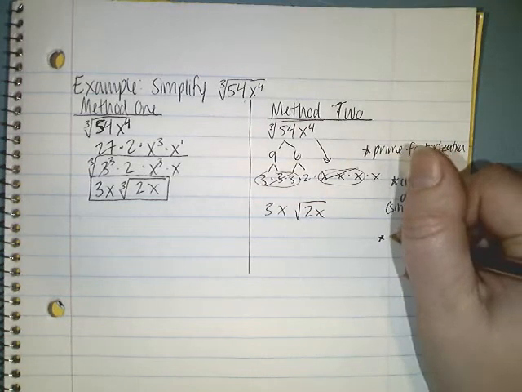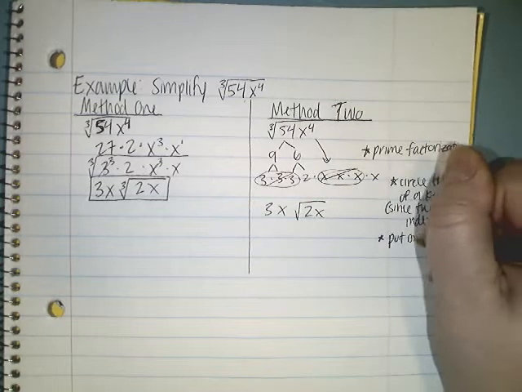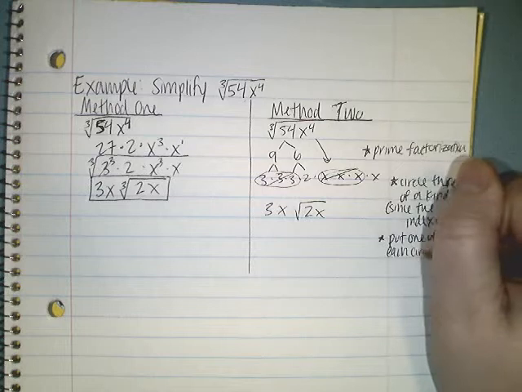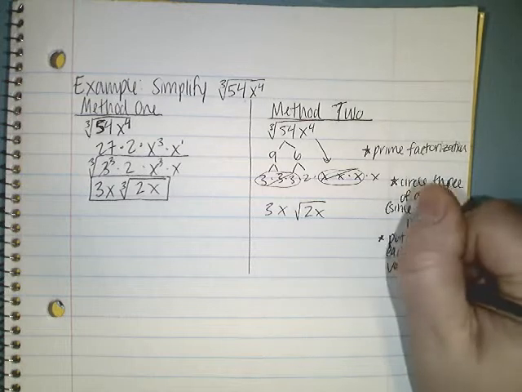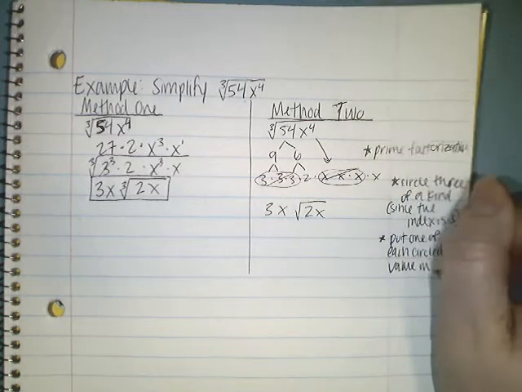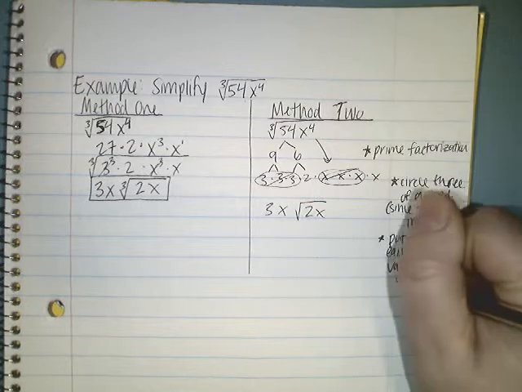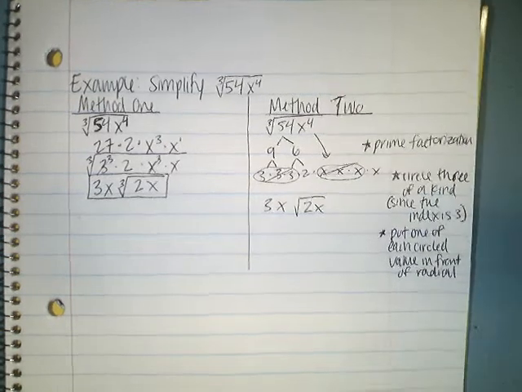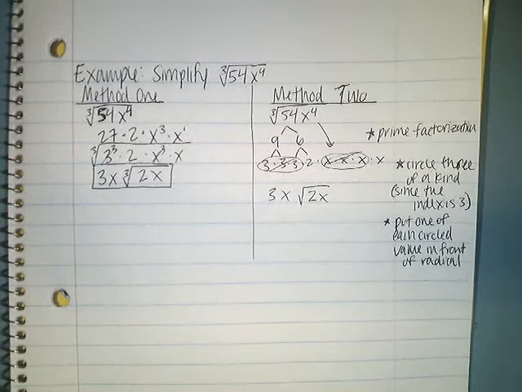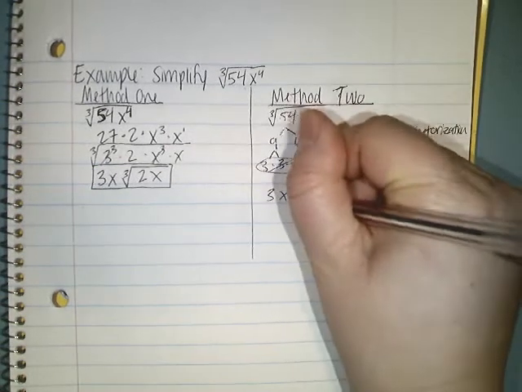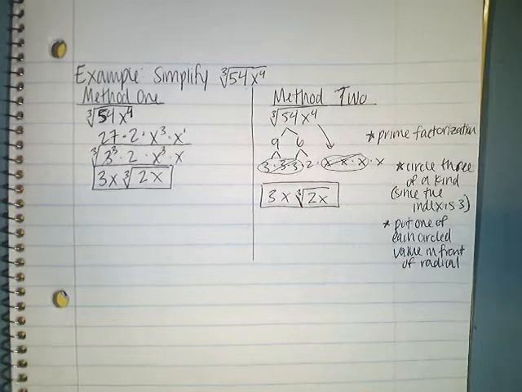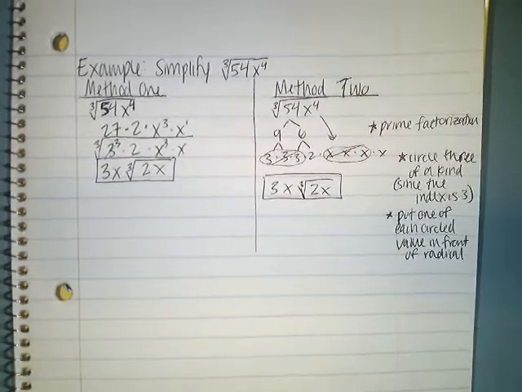Put those out front. So then I put one of each circled value in front of the radical, and I end up with 3x times the cube root of 2x, which is the same ultimate solution.